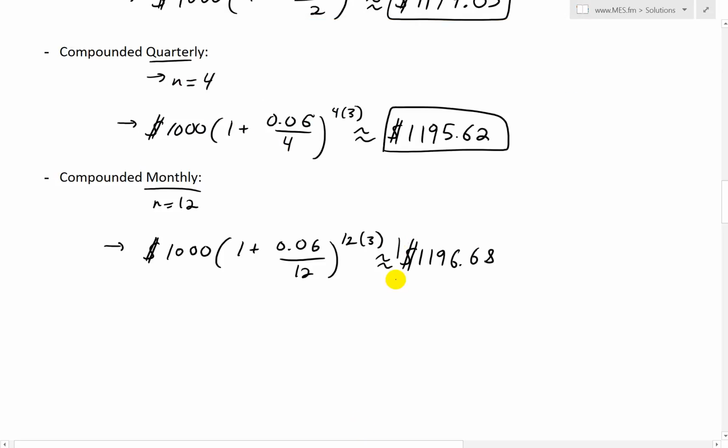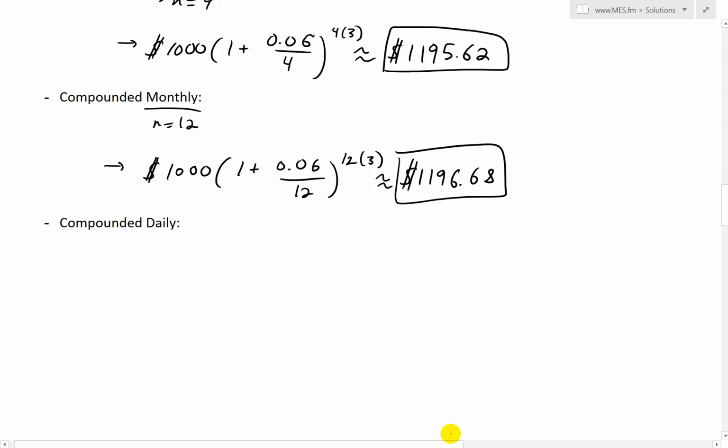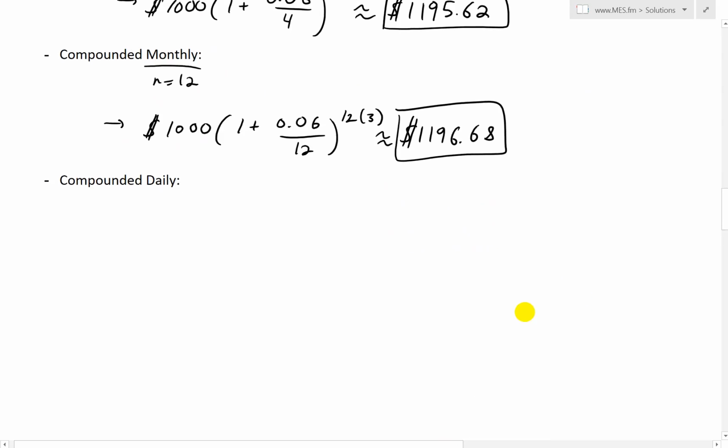Yeah, 1196.68. And now finally, let's look at what happens when we compound it daily, and recall the number of days in a year, that's 365. If we're compounding it every single day, or adding interest to the new sum every single day, that's just what compounding means. So we have 1 plus 0.06 divided by 365 as our new n, and 365 times 3.